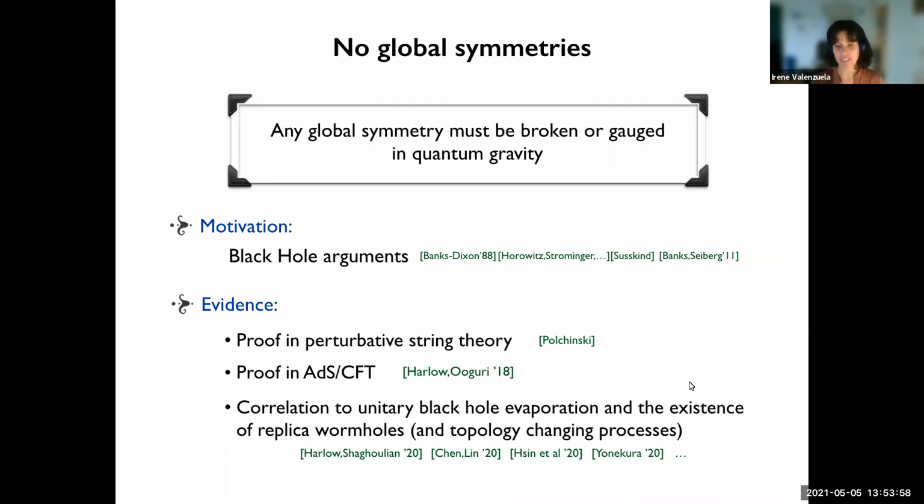And more generally, it seems that if you allow your path integral to sum over different topologies and processes that change the topology, this is going to break the global symmetries of the EFT. Of course, we have to make this much more concrete, but that would be the underlying message.